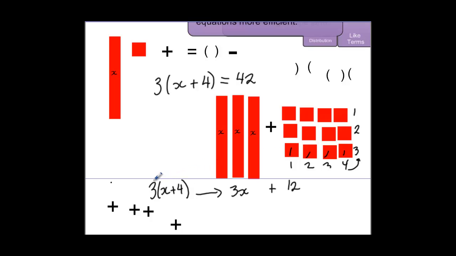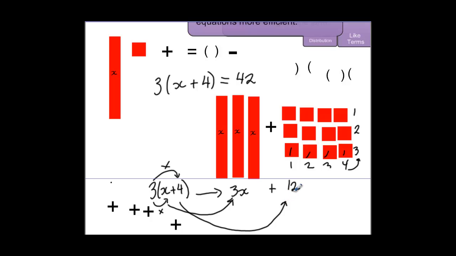If you saw, excellent. You can multiply what's outside the bracket by what's inside the bracket. So 3 times 4 gives us that 12. Well, how do we get the 3x then? Well, this is 1x, right? 3 times 1x gives us 3x.